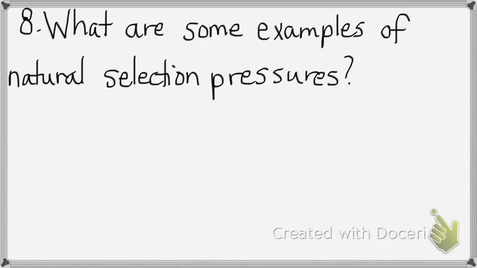Okay, here's our last question. I need some examples of natural selection pressure. I'll get you started. Predators. I'm thinking constantly in fear of being eaten will cause a change in the genetics of a population. You're going to have to blend in or run faster, something. Adaptation. Okay, these are all adaptations, so give me some specifics.